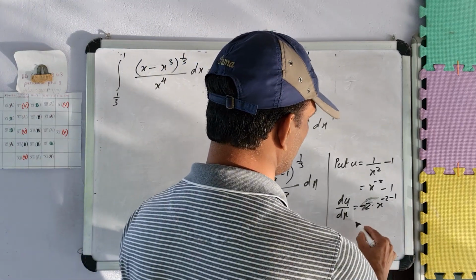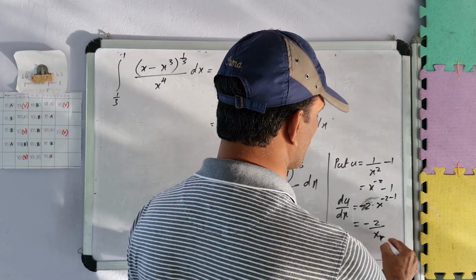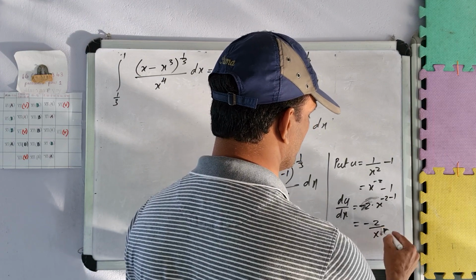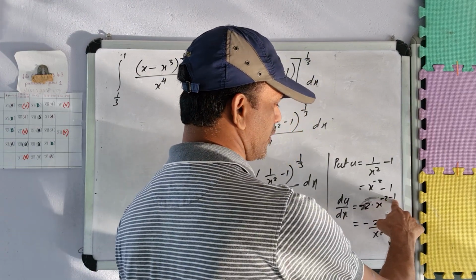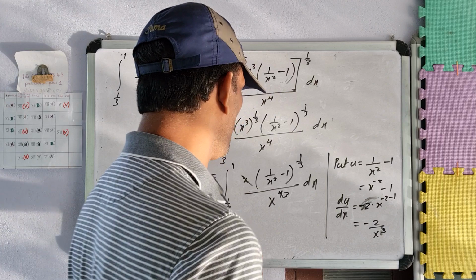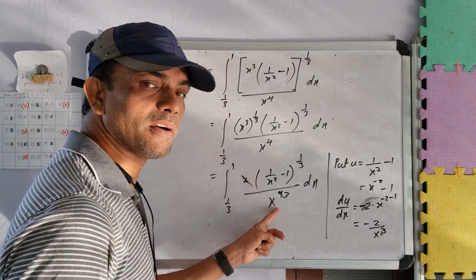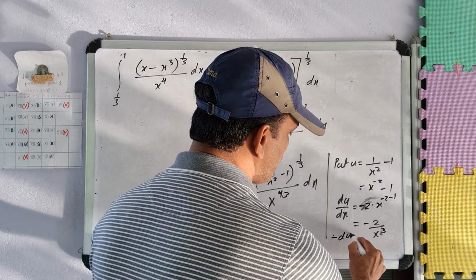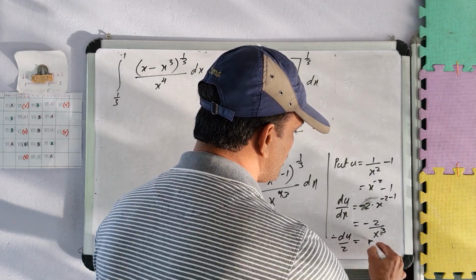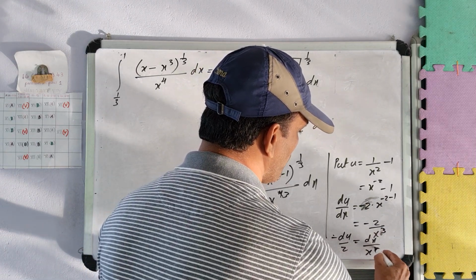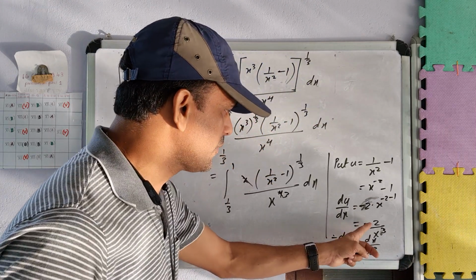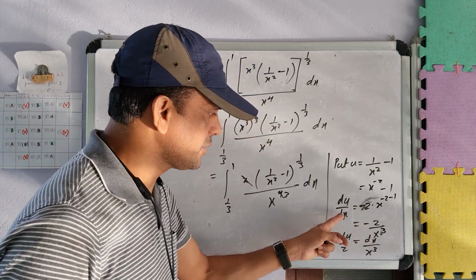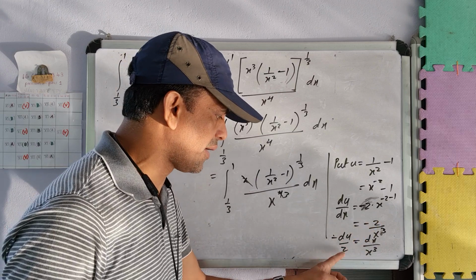Now, negative 2 over x cubed. I think so, this is negative 2 by x cubed. Now, we have dx by x cubed here. So, I take this negative to the left side: negative du over 2 equals dx by x cubed. Hope you understand. Negative taken to the left side, dx taken to the right side, and 2 taken to the left side.